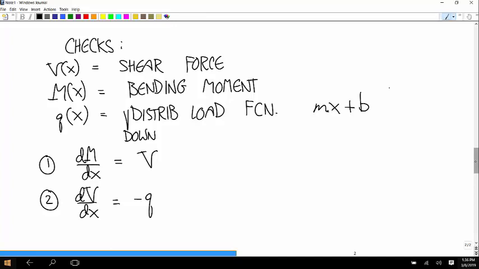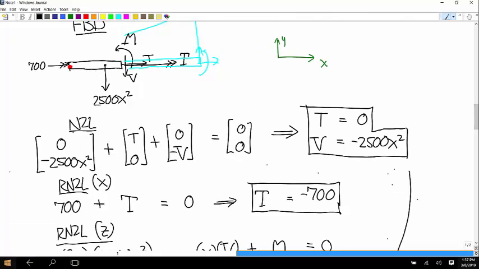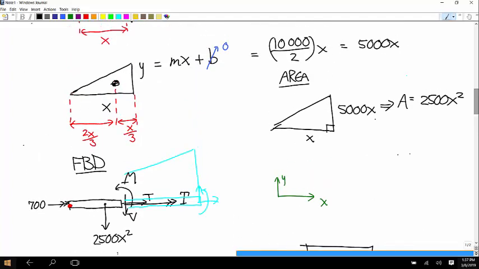Okay, so let's make sure that holds for this problem. dM/dx, 3 times 833.3 repeating, so you get negative 2500x squared, and that is that shear force function. So that one works. And then dV/dx is negative 5000x. Take the negative of that, and you get the function that represents the height of that line at a given x value.